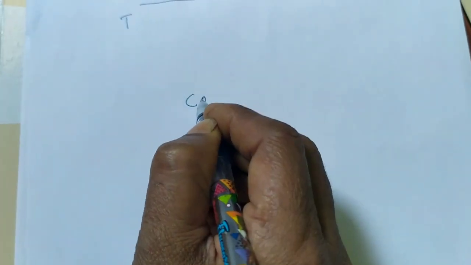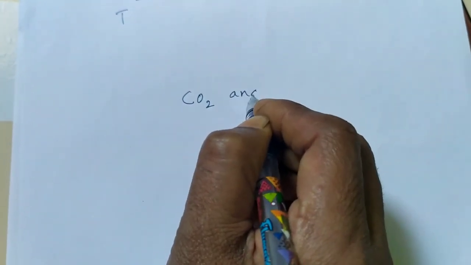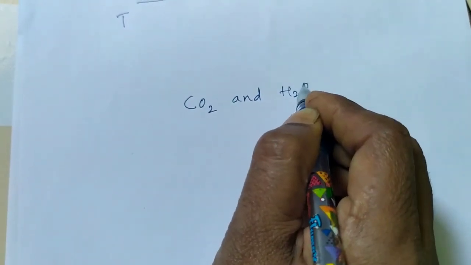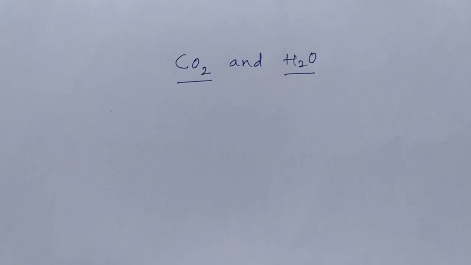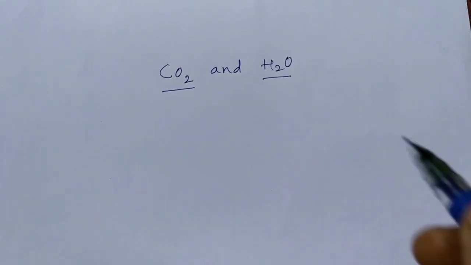We know that carbon dioxide and water are the two important raw materials for the process of photosynthesis. So the plant needs carbon dioxide and water for photosynthesis. Now let us learn how a plant gets these two raw materials.